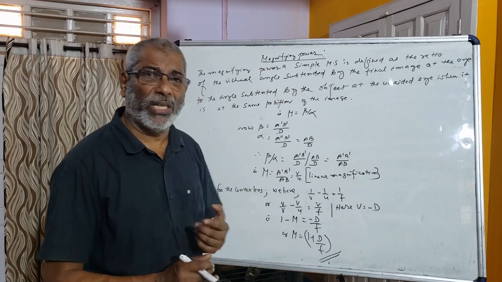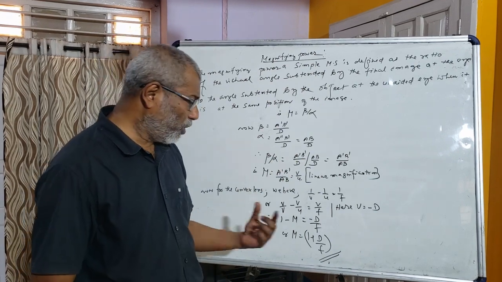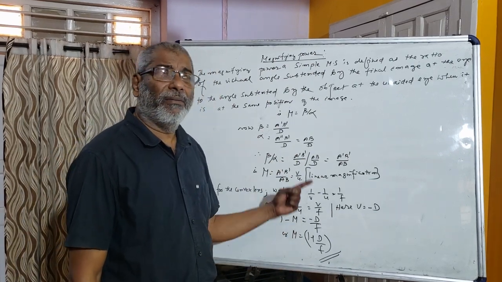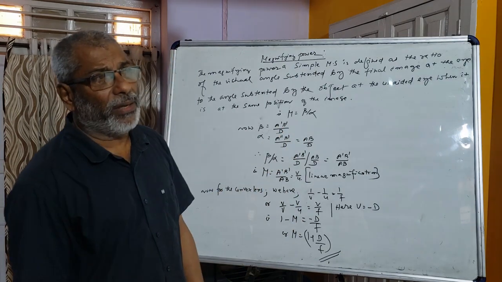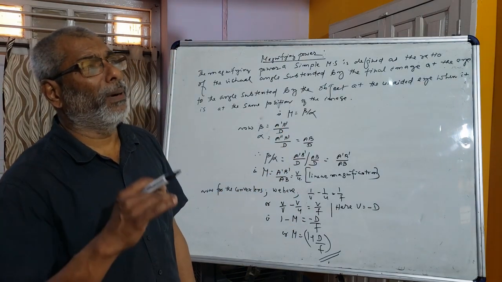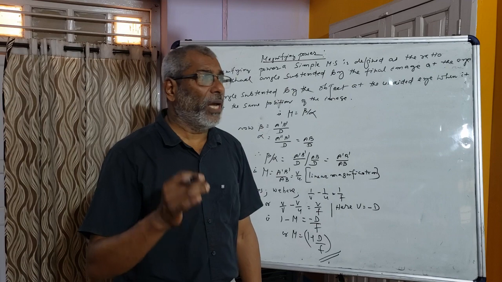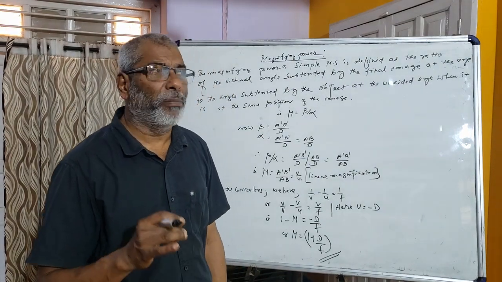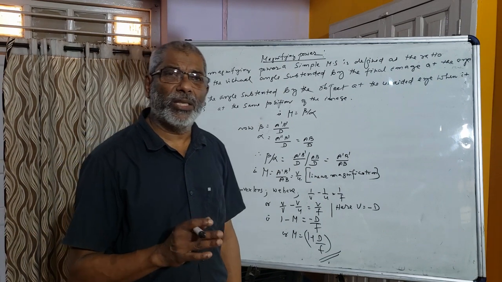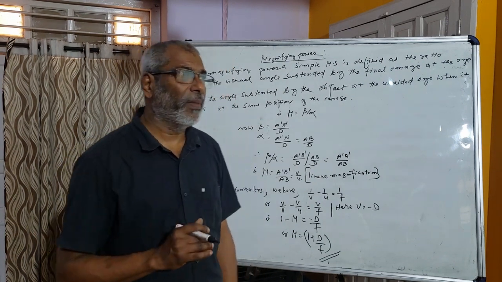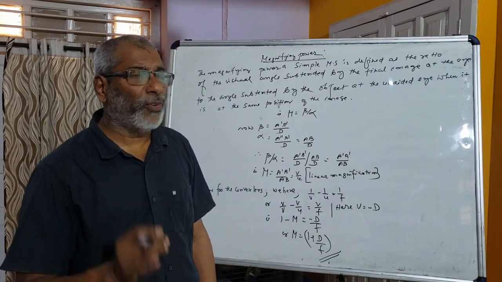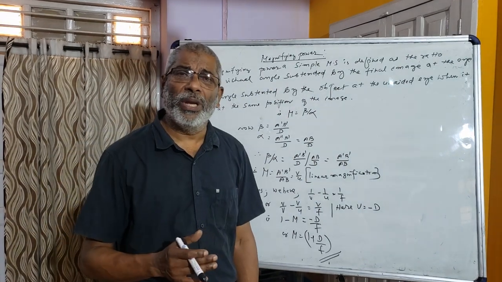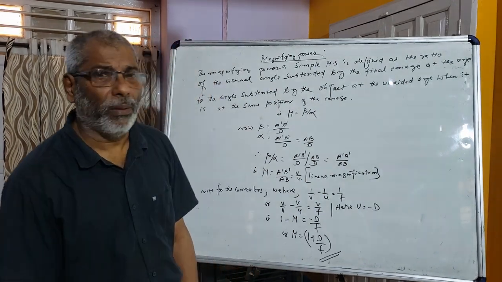A virtual image is formed at infinity. But in this first case, when the object is very near, so that the image is formed at the least distance of distinct vision, the eye is under a bit of strain. Eye is not so comfortable. But if the final image is formed at infinity, the eye will be very, very comfortable.